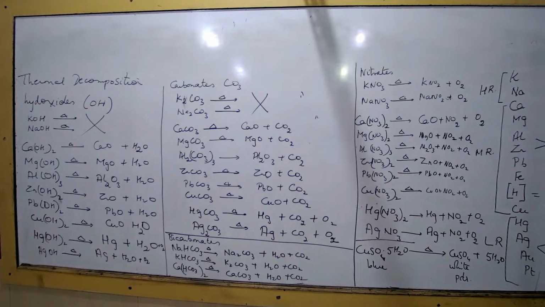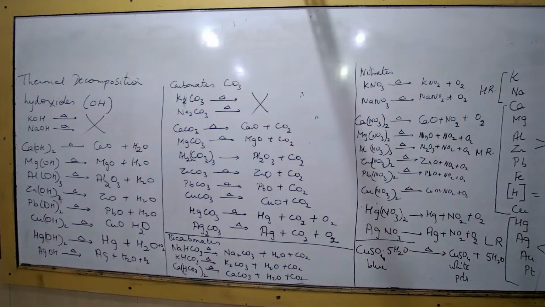Try to associate zinc, Zn, with white. Lead is yellow, Pb and yellow. How will you remember that lead remains yellow when hot and when cold, and zinc oxide will be yellow when hot and white when cold?